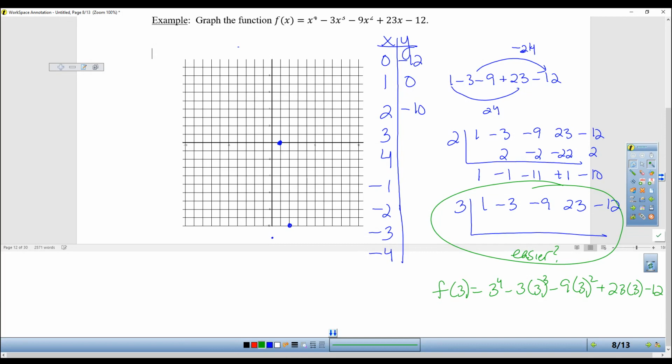So like I said, I would have asked everybody in the room to do one. I will tell you that this is a 0 here, 4 is a 0, -3 is a 0, and since the basic shape is x to the 4th, which is a W, then I actually know that it comes down.